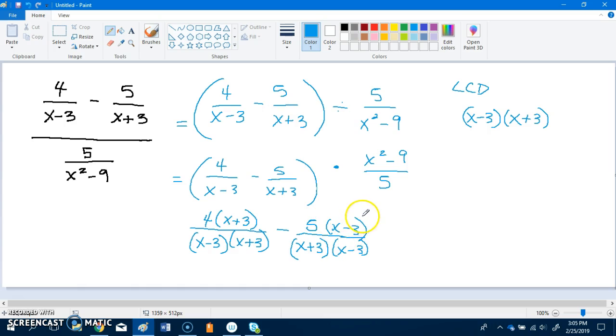If I cancel out the x minus 3's, I'd have the same one I started with. This is what they mean by getting the lowest common denominator, because I can't subtract these unless the denominators are the same. It's really important that when you're adding or subtracting rational expressions the denominators are the same. If they're not, you have to use the lowest common denominator.